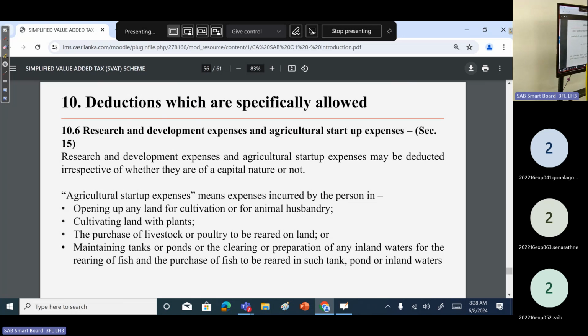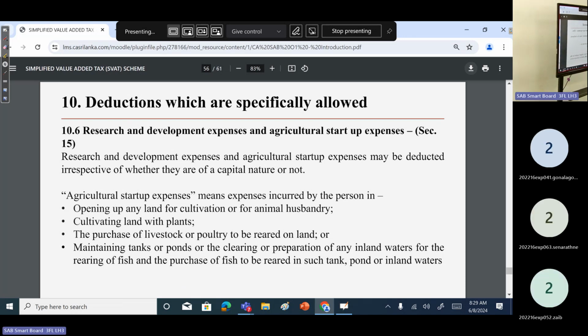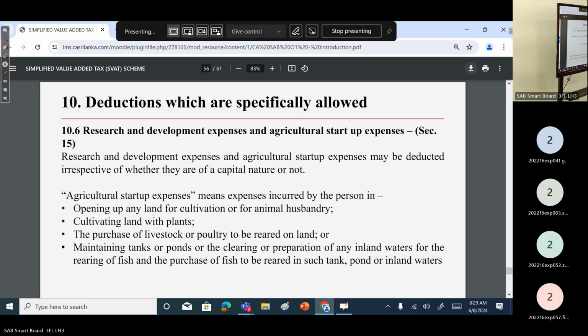It says research and development expenses and agricultural startup expenses may be deducted irrespective of whether they are of capital nature or not. That means even capital nature expenditure coming under research and development or agricultural startup expenses, we can deduct.